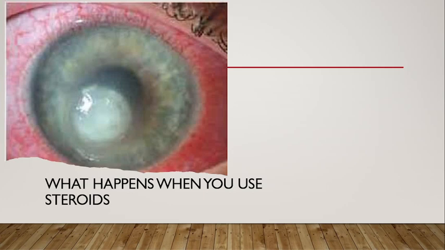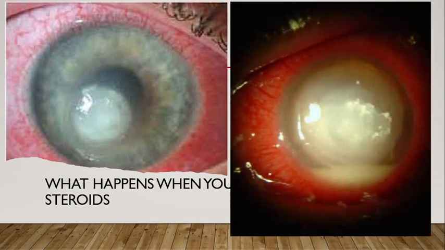The important thing is not to prescribe steroids if you are not too sure. It might give rise to an ulceration which can impair the vision permanently, and generally the fungal and the viral ones can progress very quickly with steroids.